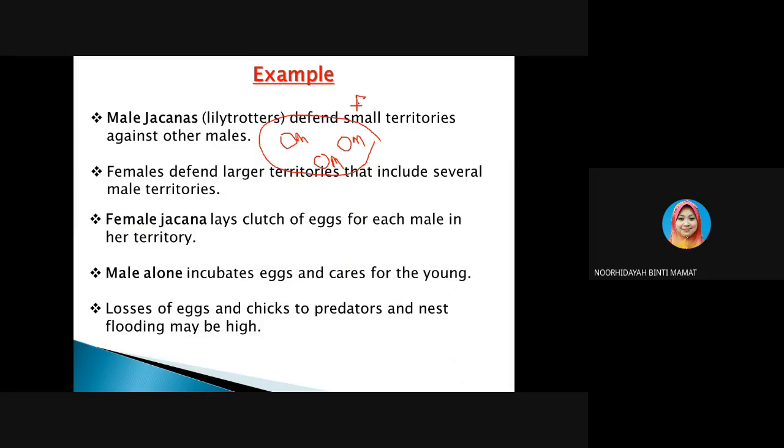This is what we call classic polyandry, where one female mates with two or more males. Inside her territory there are several small male territories, and each male defends his own. The female jacana will lay a clutch of eggs for each male in her territory: a clutch for this male, another clutch for that male, and another clutch for this particular male.